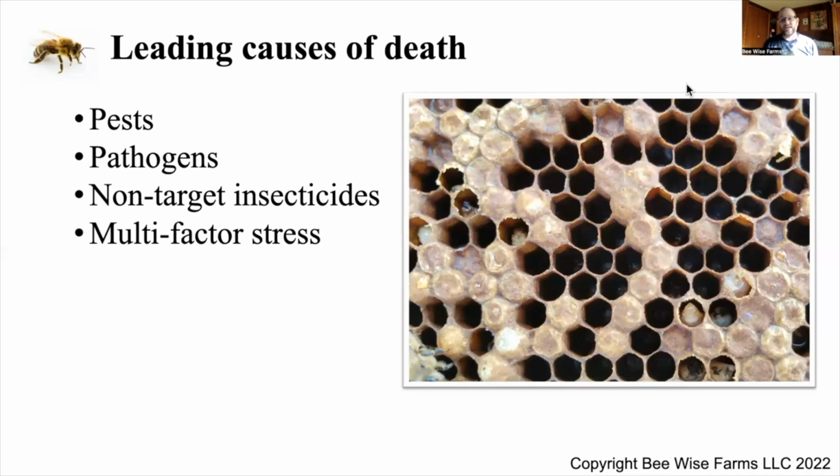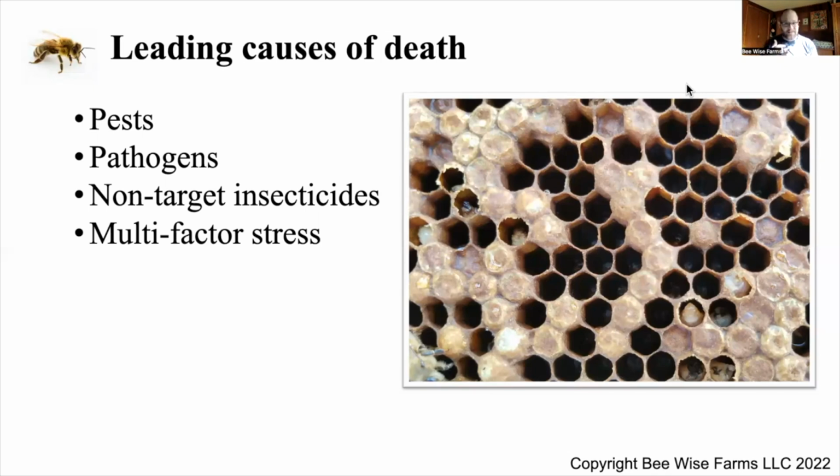Non-target insecticides. This is another major driver of colony death, particularly in areas of heavy commercial agriculture where pesticides are being sprayed on large crops. So if you're in an area with, say, corn, beans, big monocultures, essentially, where pesticides are being applied in a large area, that oftentimes can have an impact on your bees.